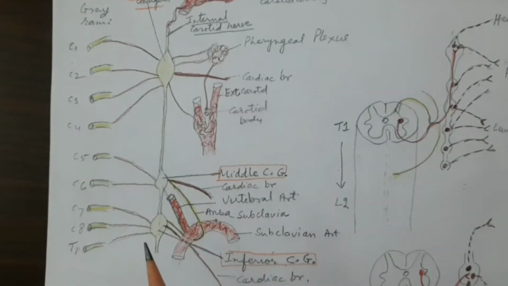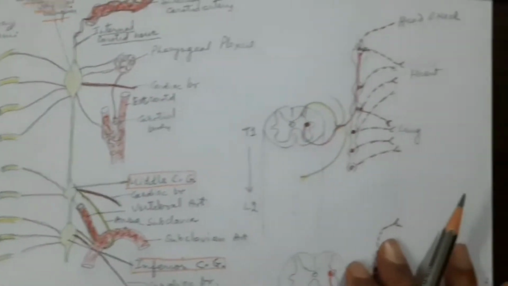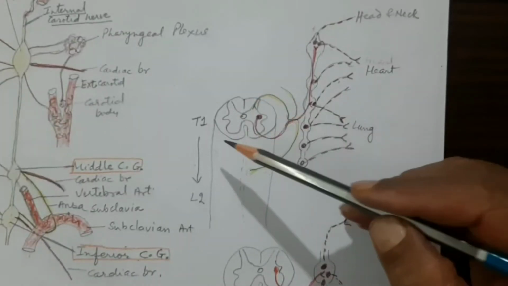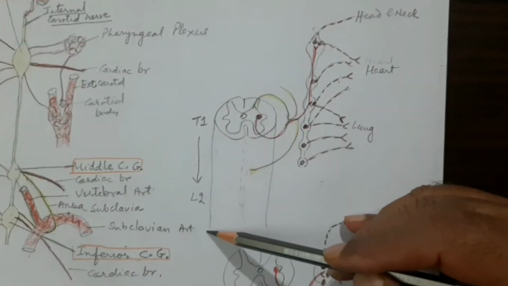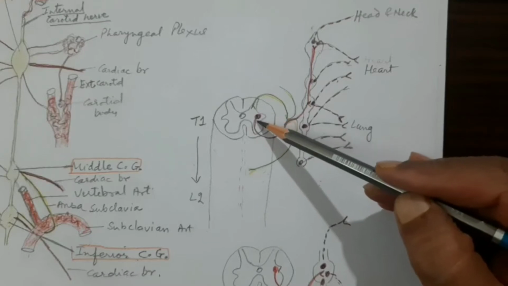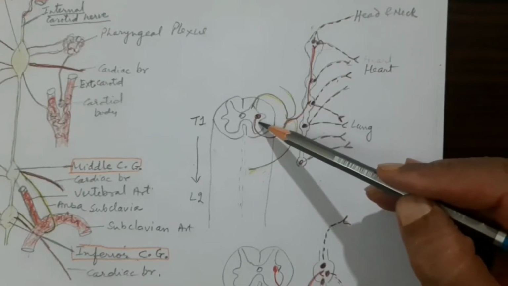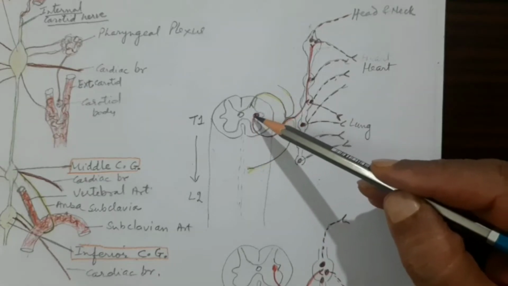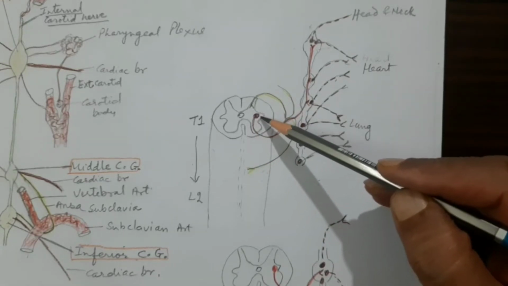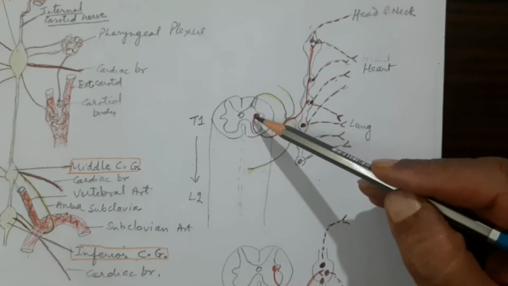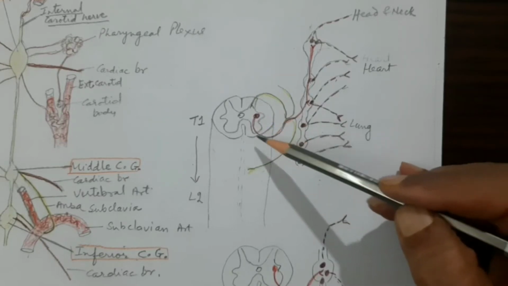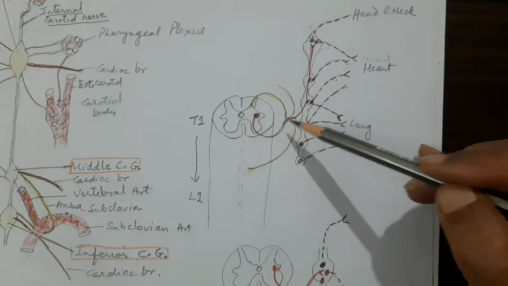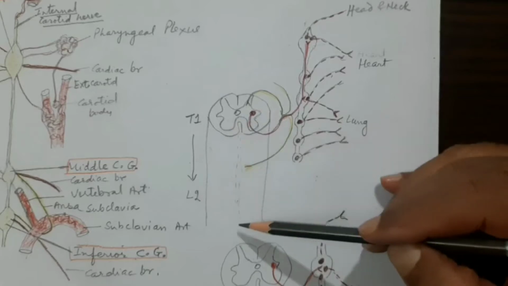In a very short way, you can see this spinal cord cross section, from T1 level to L2, where the preganglionic neurons are located in the lateral horn of the spinal cord gray matter. These small sympathetic neurons send their axons through the ventral root of the spinal nerve, from T1 to L2.